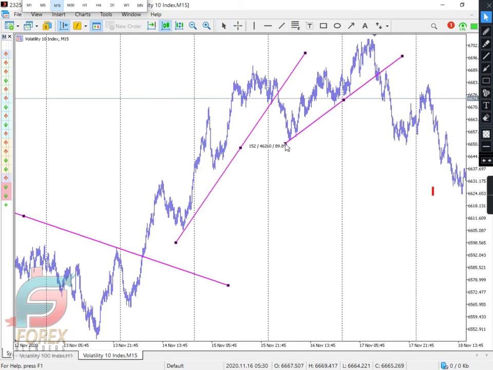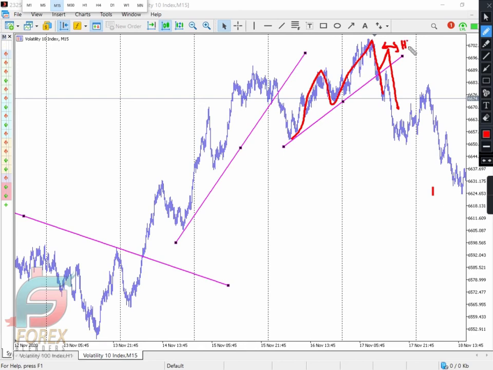This one now, avoid such a setup. Why? Because we don't have a new lower low, we don't have a new higher low. This market was moving like this, so we need something like this, which is a higher low, so that we can set our stop loss there.